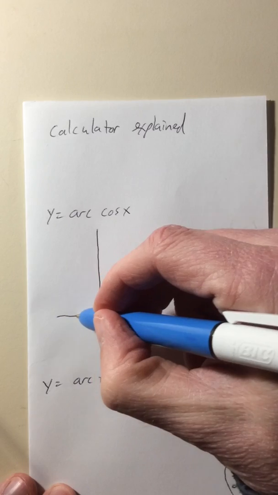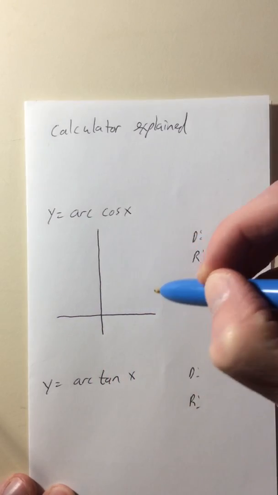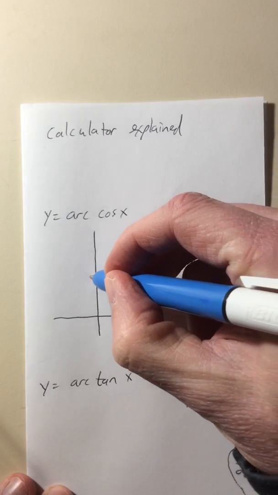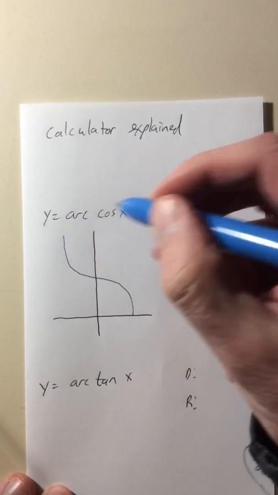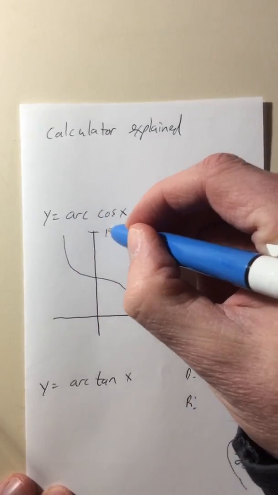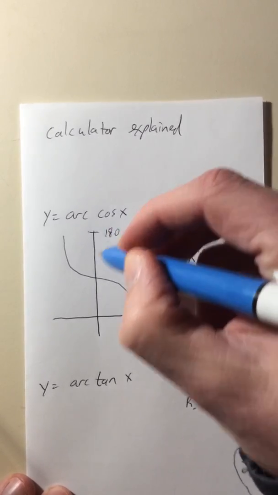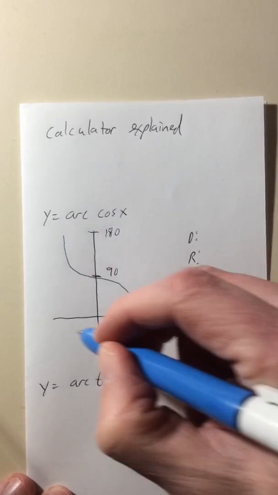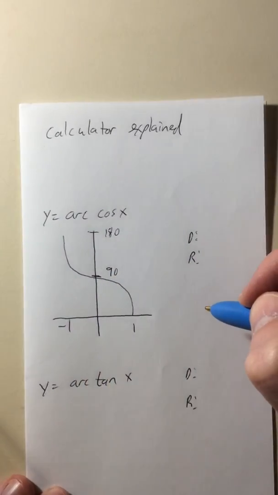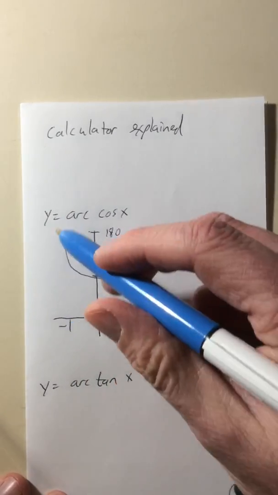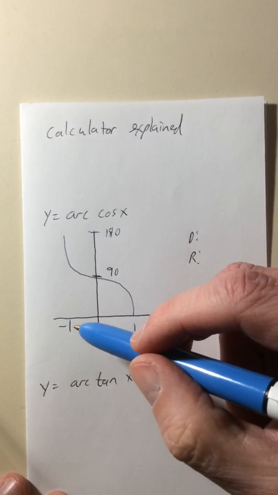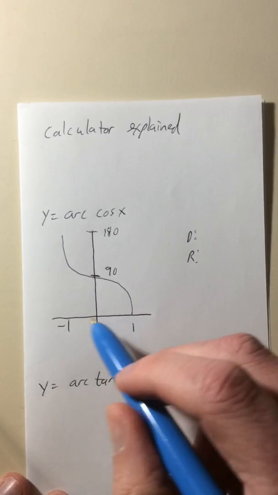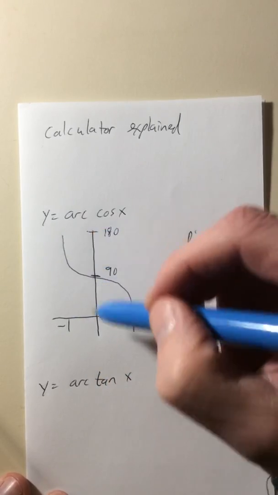The arccosine function looks obviously a lot like the arcsine function, only it is entirely above the x-axis. So we can see we're going to have 180 here, 90 here, 1 here, -1 here. And so if we're just using this graph right here, we can ask ourselves, all right, well, because here we're choosing our function value, and here is where we get our angle.